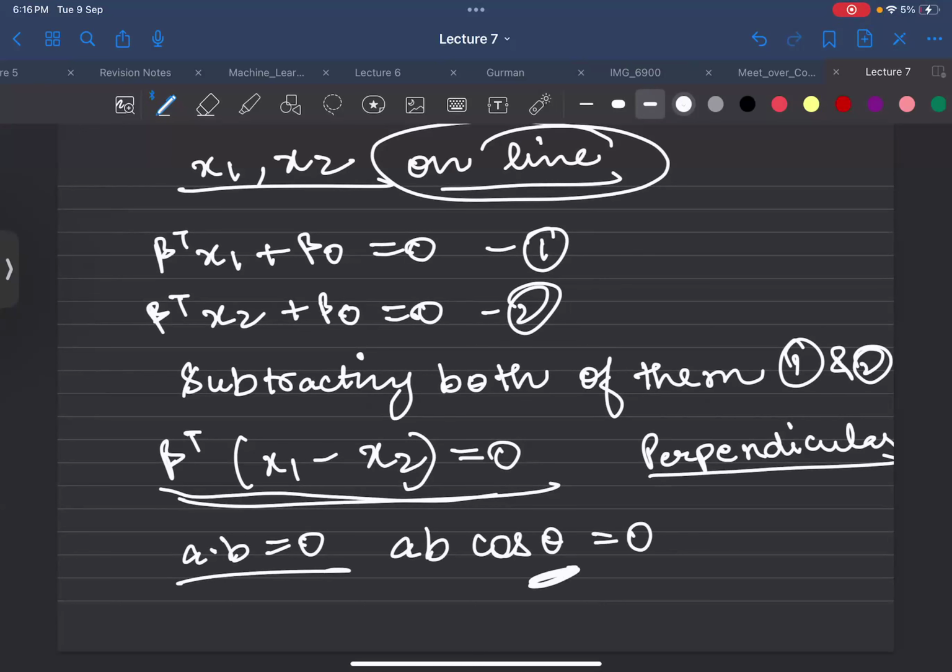What is cos 90? Cos 90 is 0. Cos 0 is 1.